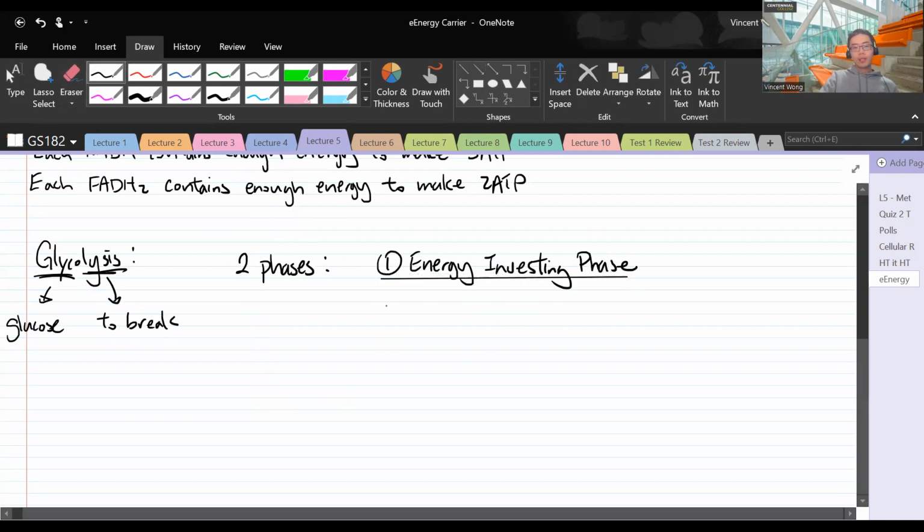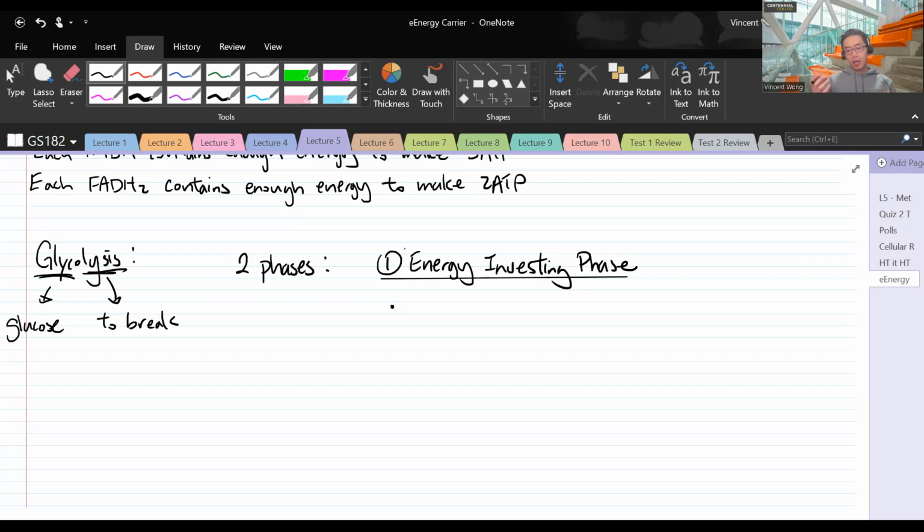Okay. So in this part of the glycolysis, what you do is you want to invest a little bit of energy. You give the glucose molecule a little bit of a boost of chemical energy, making it a little bit unstable, so it's going to be willing to react further.